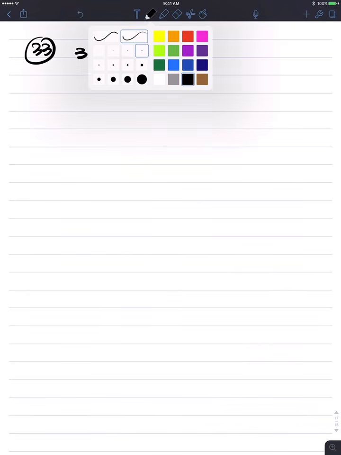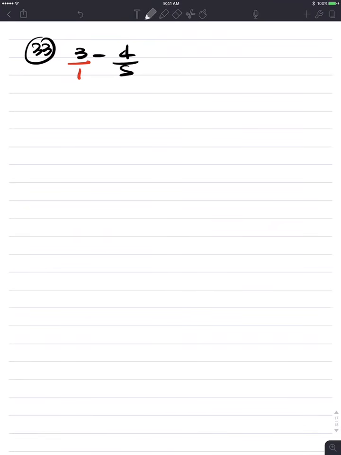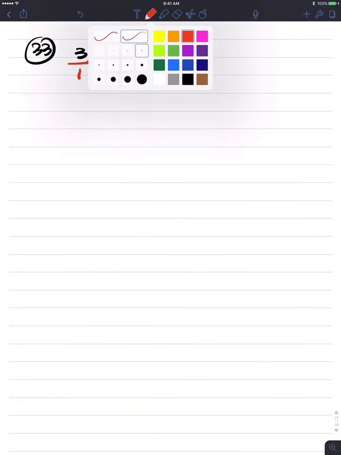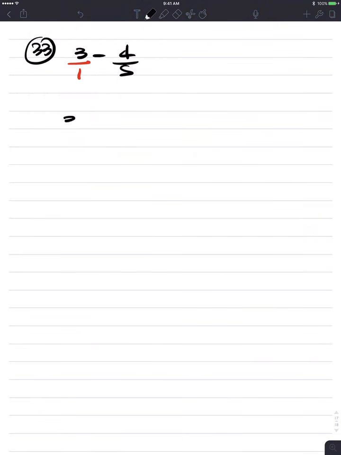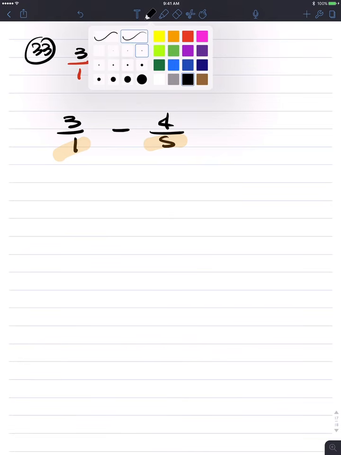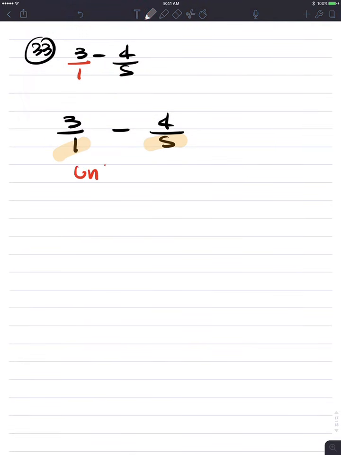We got 3 minus 4/5. A whole number minus a fraction. So you write your 3 as 3 over 1. And then notice we have, again, unlike fractions, the denominators are not the same.